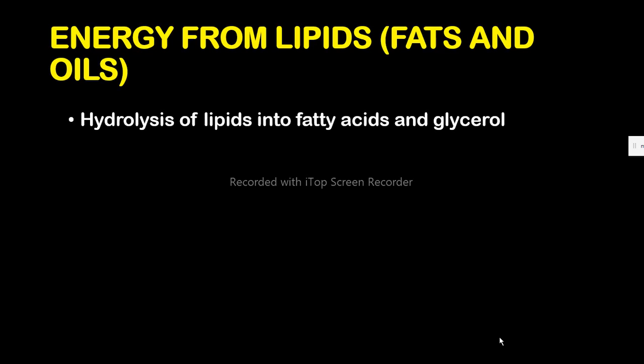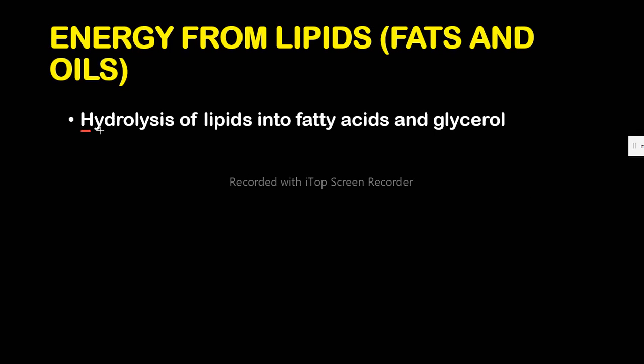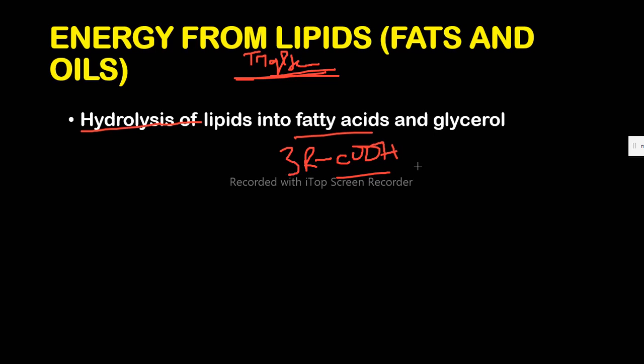So the first thing that happens, you hydrolyze fats. Okay? Because a fat or a lipid is usually made of triglycerides. Now you first hydrolyze this triglyceride into fatty acids, which are long hydrocarbon chains of a carboxylic acid, and a glycerol. 3 fatty acids, of course, and 1 glycerol molecule.